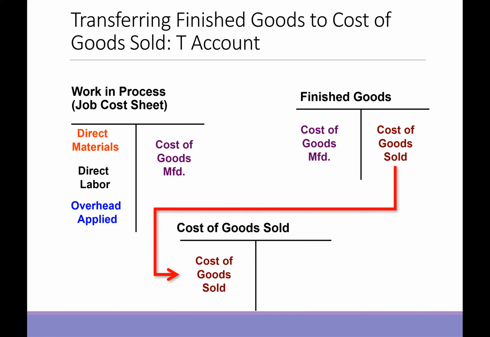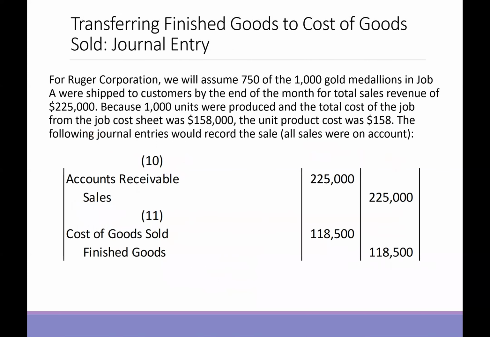When the goods are finally sold, it's at that time we will credit our finished goods, and we debit our expense account cost of goods sold. Or I should say our income statement account. So for Ruger Corporation, we assume 750 of the 1,000 gold medallions in job A were shipped to customers at the end of the month for total sales revenue of 225,000.